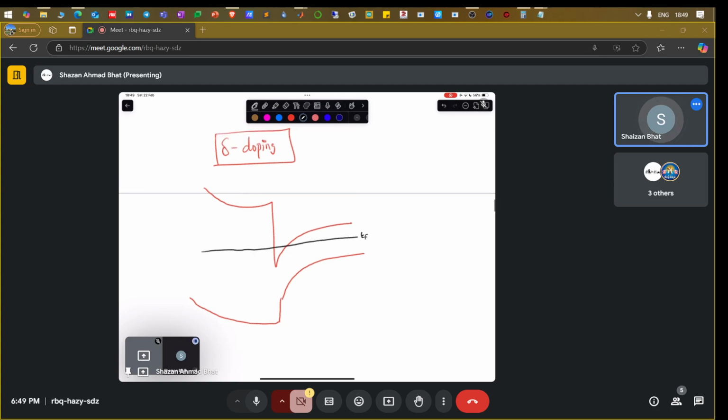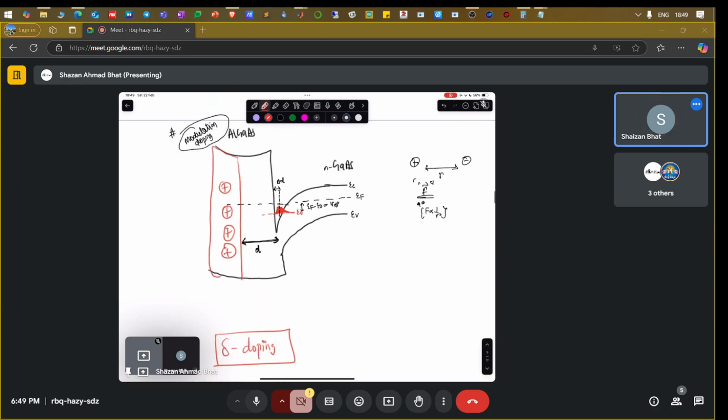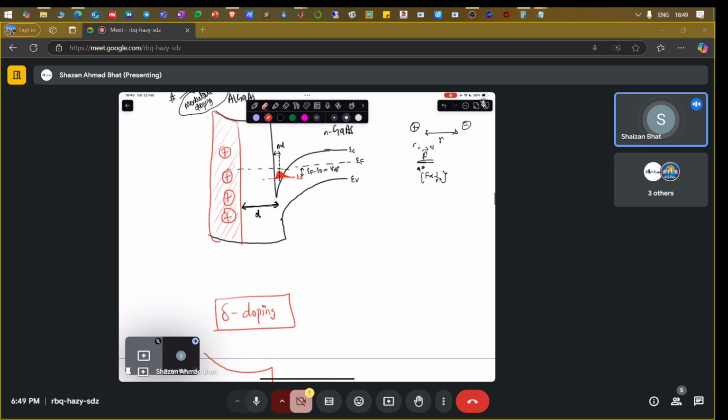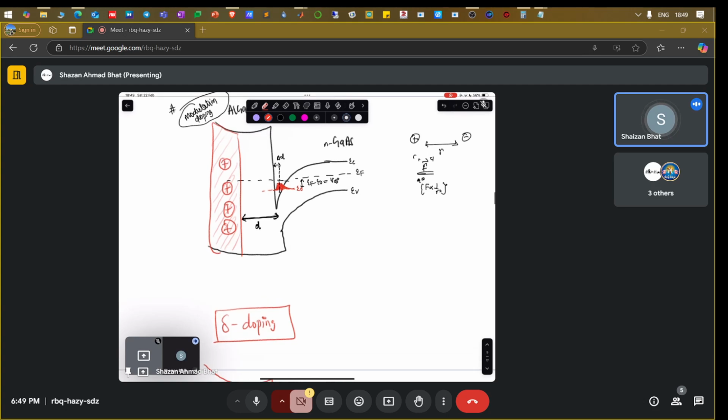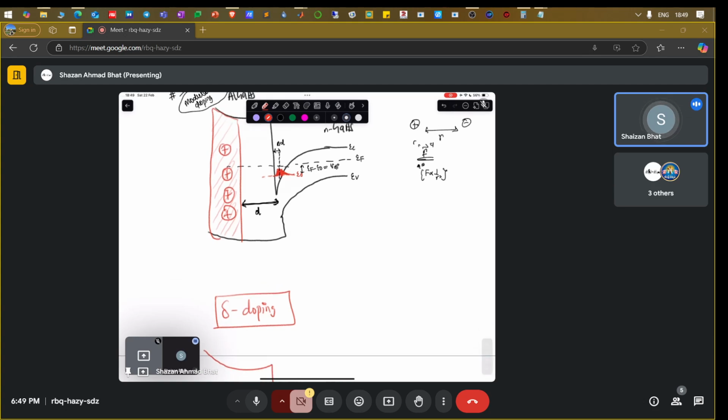Now, instead of doping it like this using modulation doping, you can use another way of selectively doping a particular region with a very high concentration of doping.